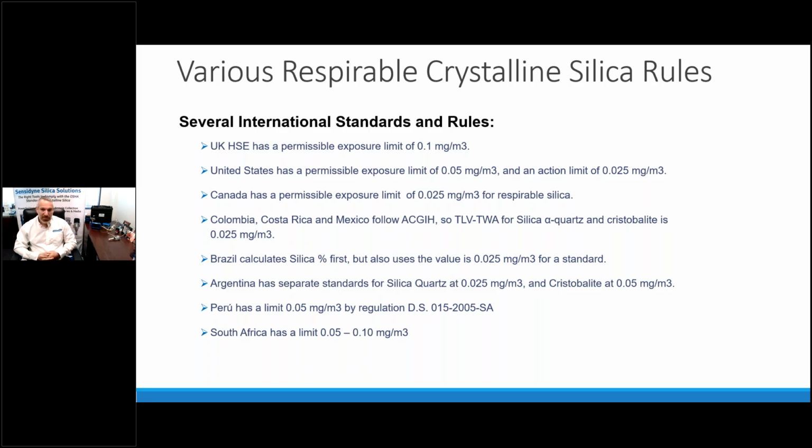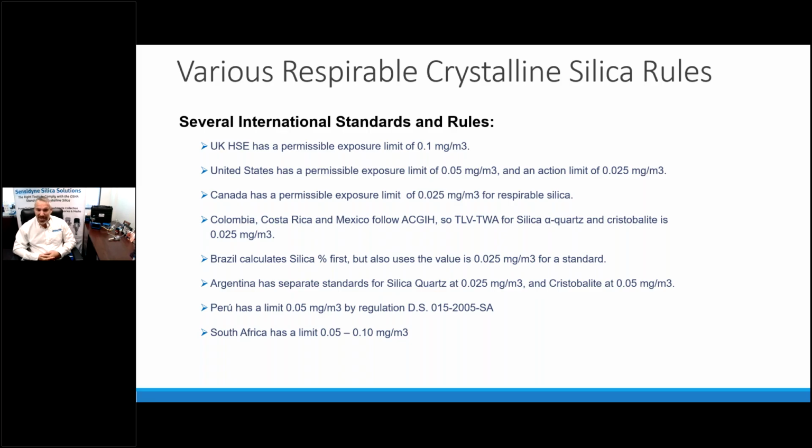Canada has a permissible exposure limit of 25 micrograms per cubic meter. Colombia, Costa Rica, and Mexico follow the ACGIH limit, and the ACGIH TLV TWA for silica, for quartz and cristobalite, is set at 0.25 milligrams per cubic meter.